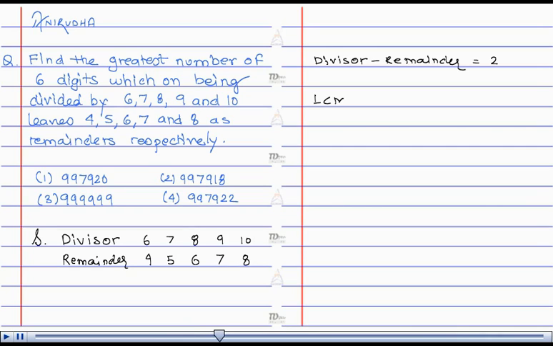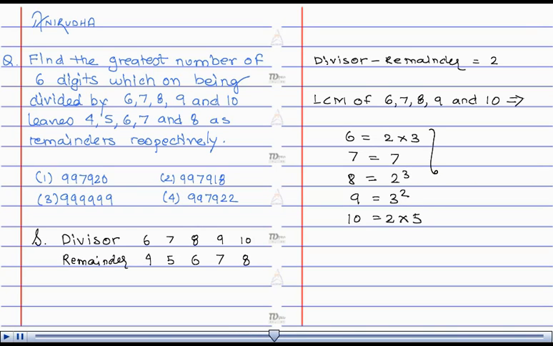The LCM of 6, 7, 8, 9 and 10 is found as below. 6 is written as 2 into 3, 7 is 7, 8 is written as 2 cube, 9 as 3 square and 10 as 2 into 5, and therefore the LCM is equal to 2 cube into 3 square into 5 into 7, or 8 into 9 into 5 into 7.